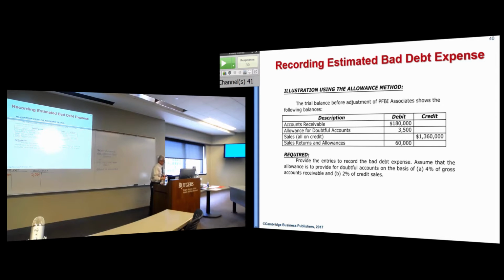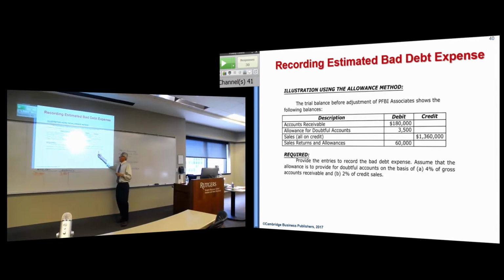Now, you're asked to come up with the journal entry to adjust for bad debts, using first a balance sheet approach, which is 4% of gross receivables. That's an alternative to aging. And then 2% of credit sales. So let's see what happens.